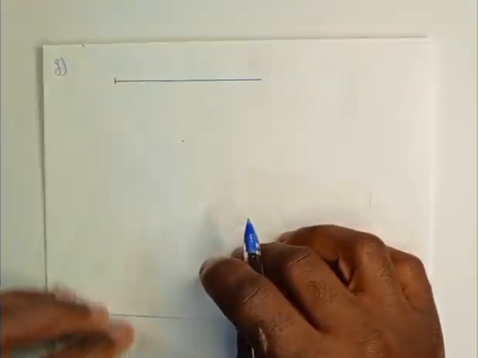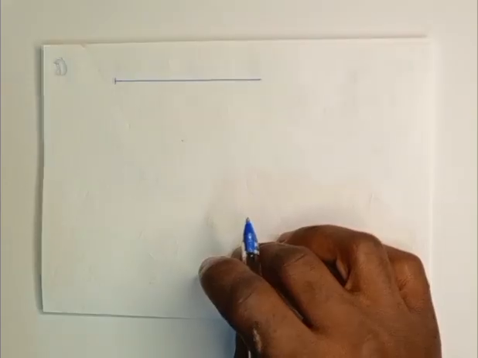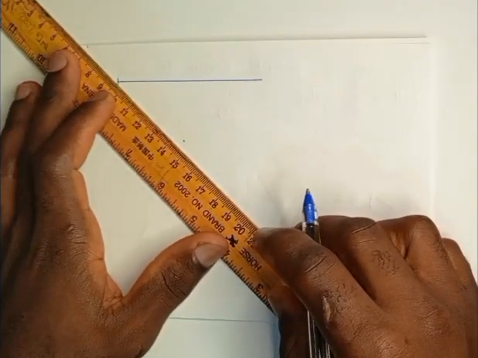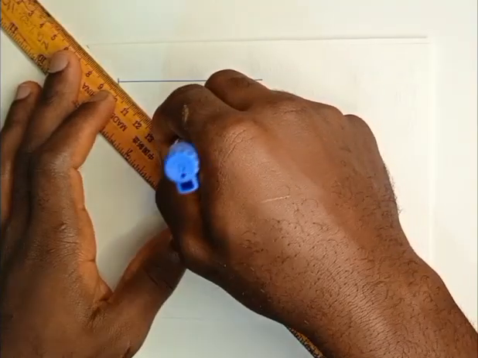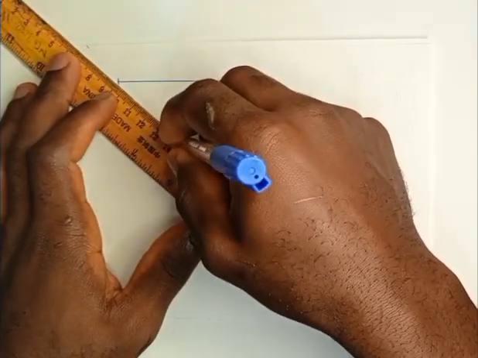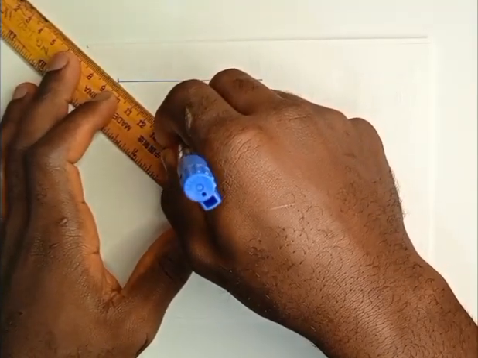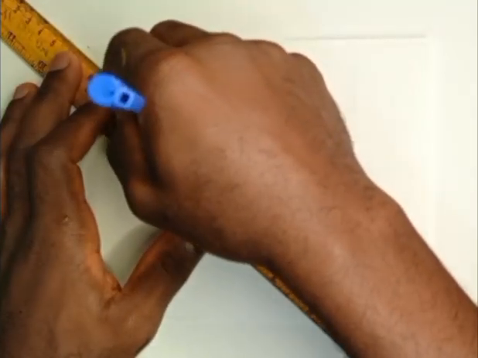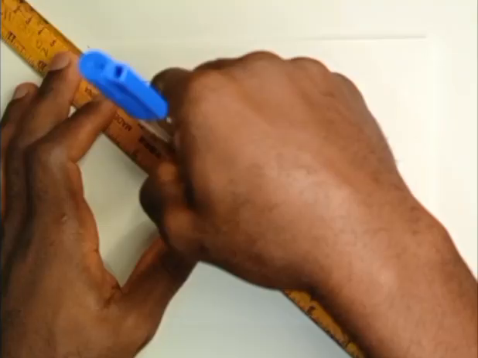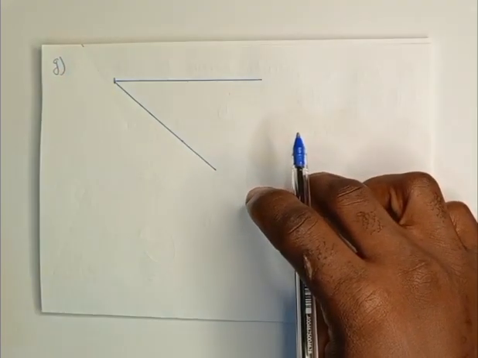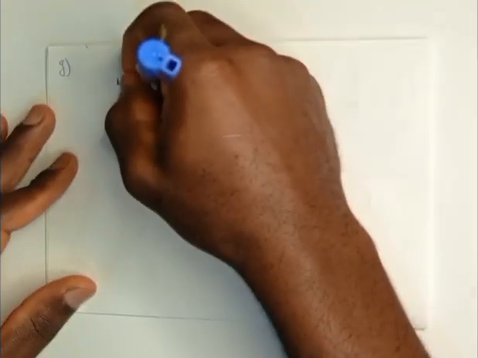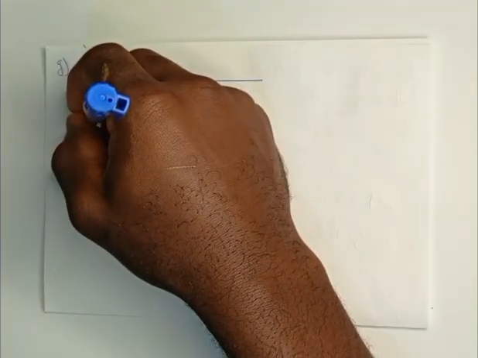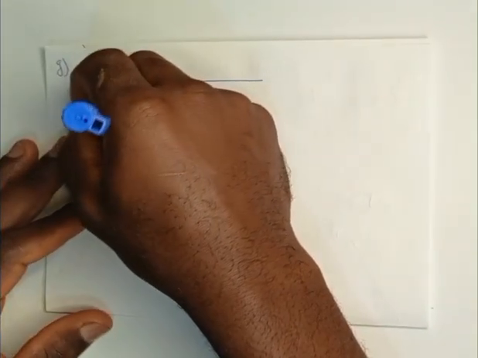Then we connect the dot to the initial point of the initial line as such. Then we label the angle as 319 degrees.